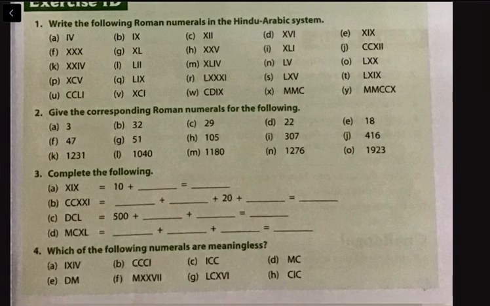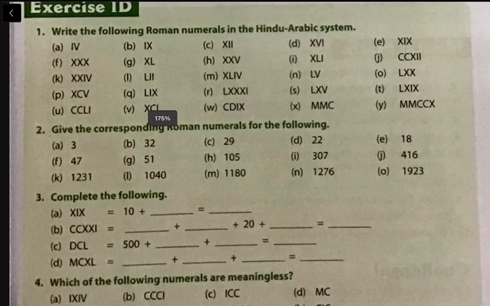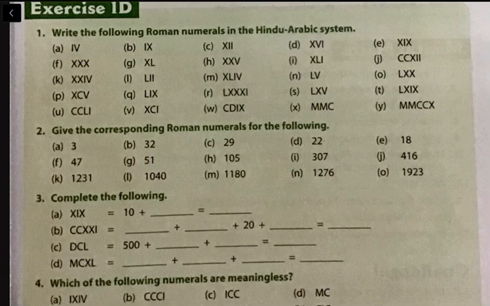Then I will give you solutions. Write the following Roman numerals in the Hindu-Arabic system. It means we have to change these numbers into decimal numbers. The first number is IV.